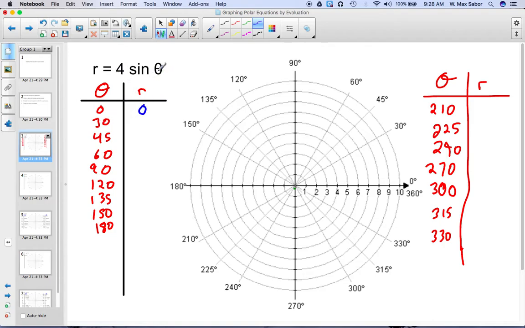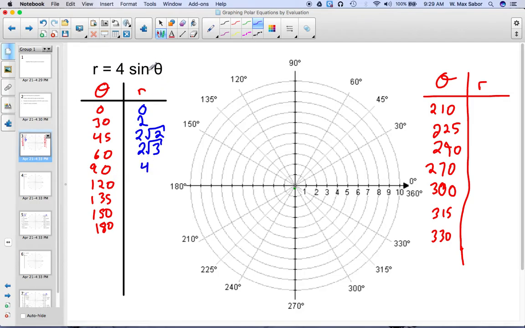Plug in 30, we get 1/2 times 4 is 2. 45 gets root 2 over 2 times 4 is 2 root 2. 60 in for theta gives root 3 over 2 times 4 is 2 root 3. 90 gives sine of 90 is 1 times 4 is 4.